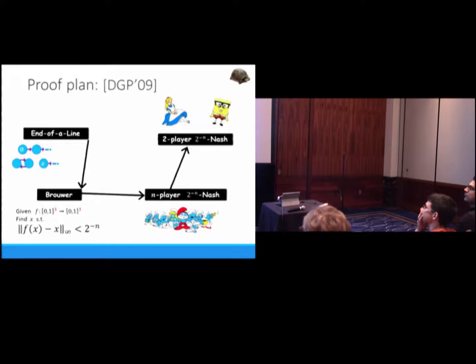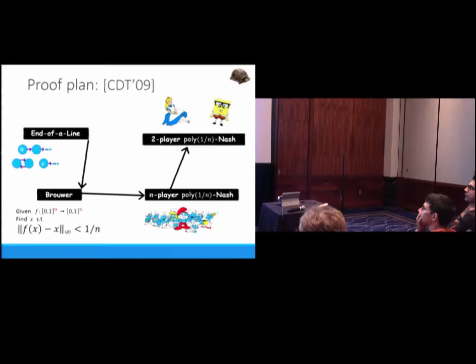It was first used by Daskalakis, Goldberg, Papadimitriou, but they use a 3-dimensional cube. If you're using a 3-dimensional cube, you cannot hope to get approximation stronger than exponential, because in a finite dimensional cube you can get a 1 over n grid. So they get an exponential, 2 to the minus n, hardness for Nash equilibrium.